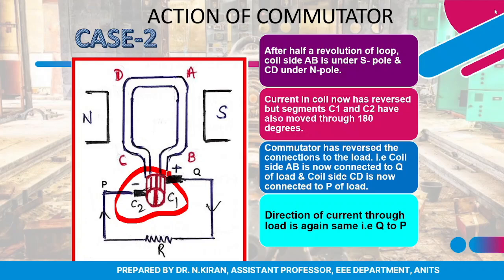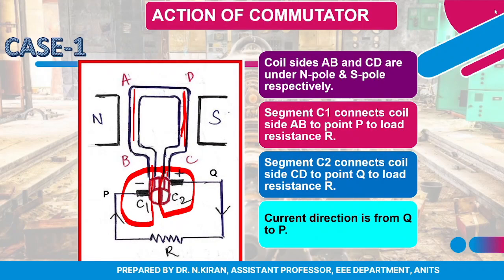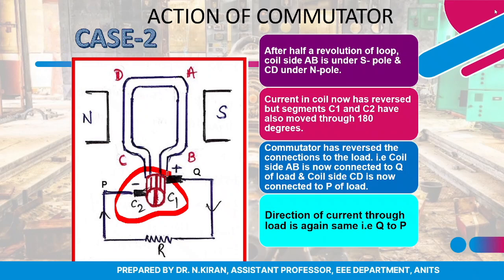Previously you see the connections to the load. C1 was connected to P, C2 was connected to Q. Now in this diagram you can see C1 is getting connected to Q and C2 is connected to P. So the connections of the commutator to the external load have also reversed.